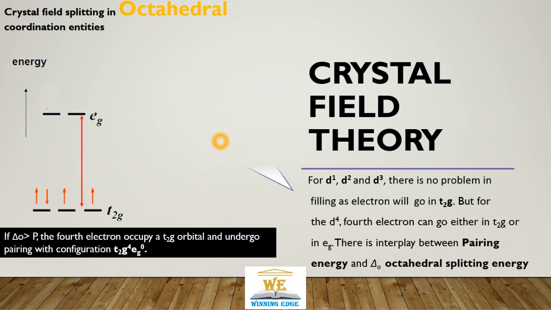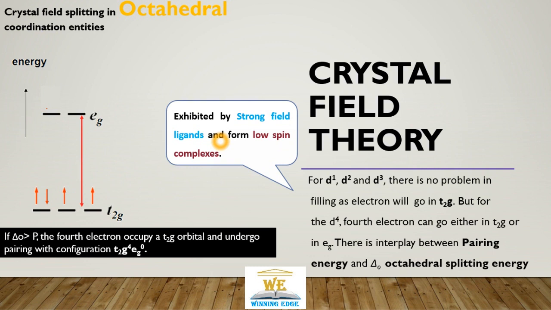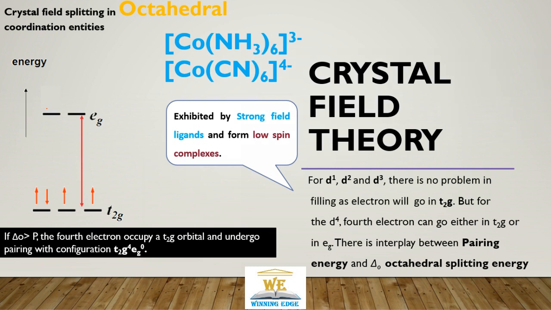These are examples of low spin complexes or strong field complexes, like ammonia and cyanide with the same cobalt metal atom. Why? Because ammonia and cyanide are, as you know, strong field ligands.